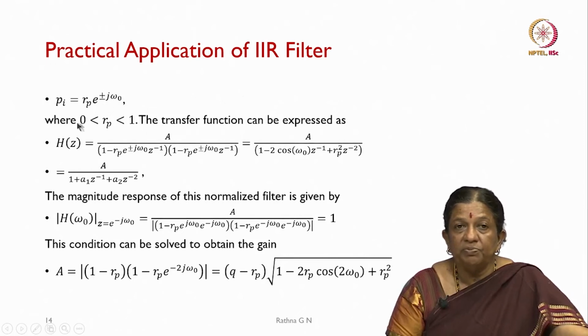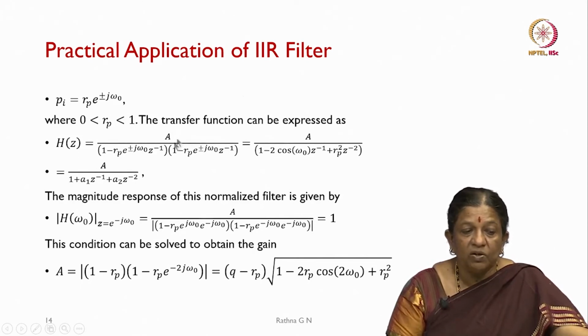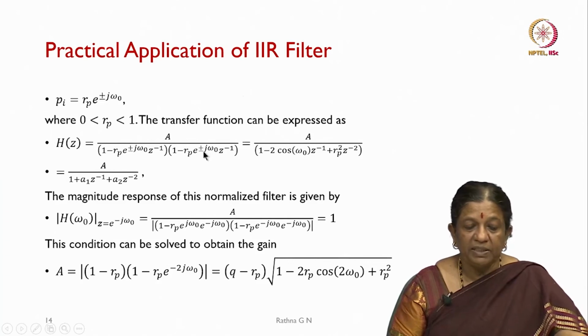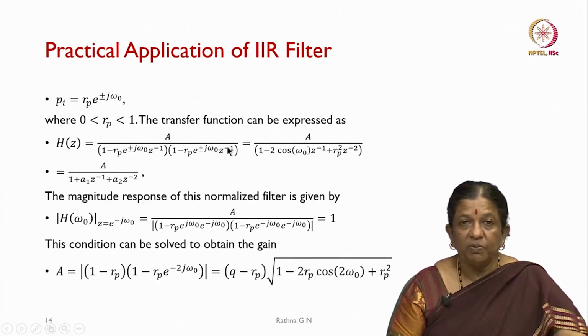We assume that Rp is in the range 0 to 1. The transfer function can then be expressed as H of z equal to A divided by 1 minus Rp e to the power j omega naught z to the power minus 1, times 1 minus Rp e to the power minus j omega naught z to the power minus 1.